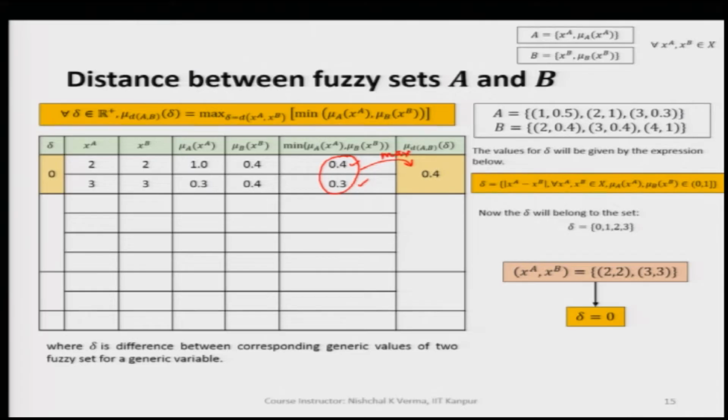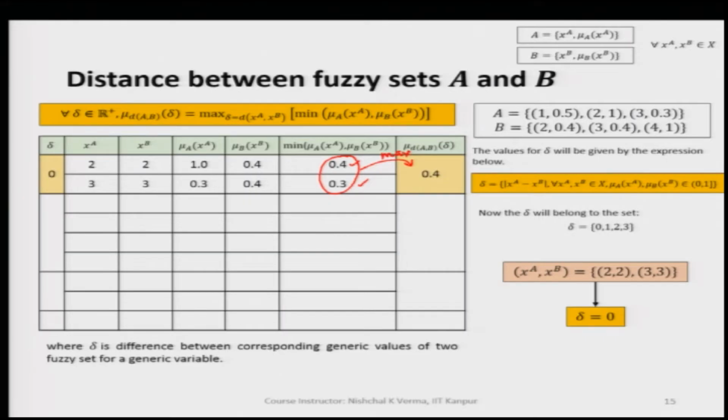When we take the maximum of 0.4 and 0.3, we get 0.4. This 0.4 is with respect to the delta value 0, and correspondingly we took the x A, x B values.